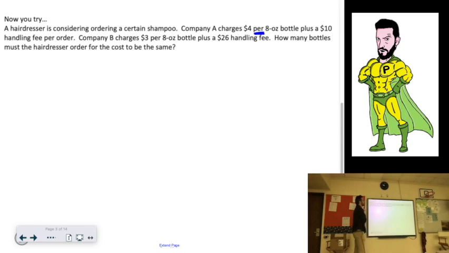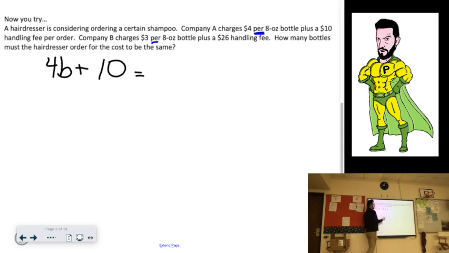Company B charges $3 per 8-ounce bottle plus a $26 handling fee. How many bottles must the hairdresser order for the cost to be the same? We're looking for the number of bottles. So company A, it's $4 per bottle. So 4B plus I also have to pay that $10 handling fee.